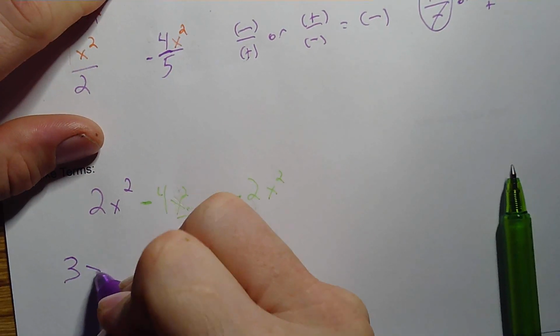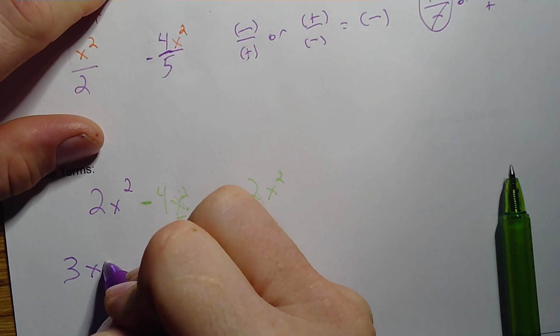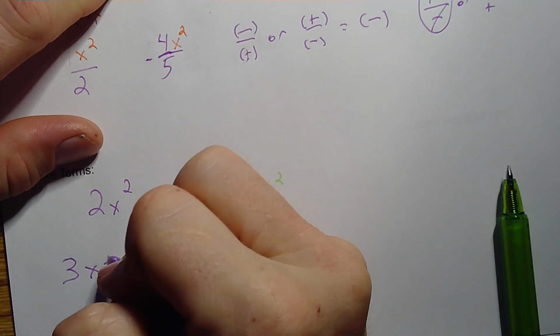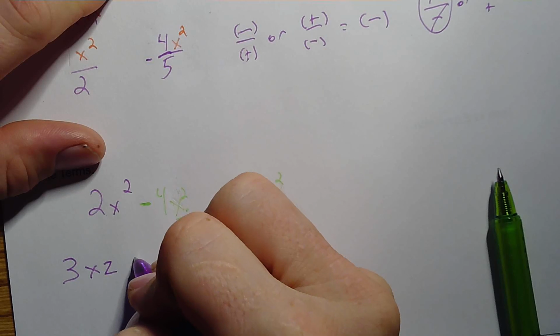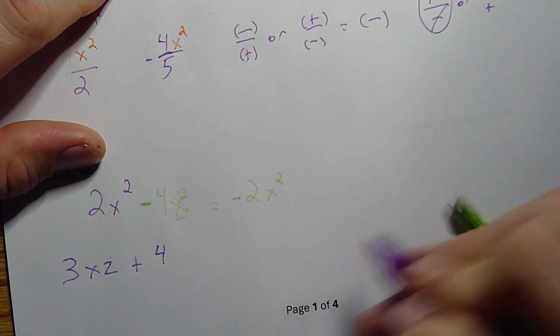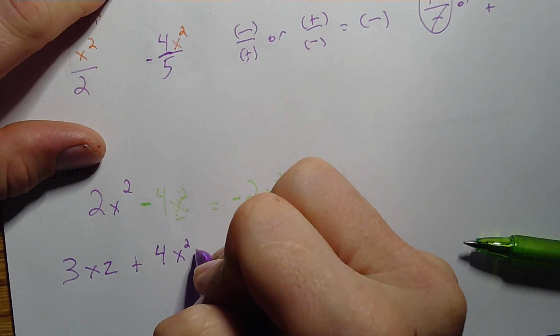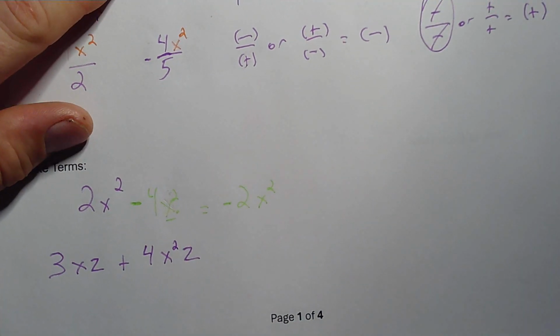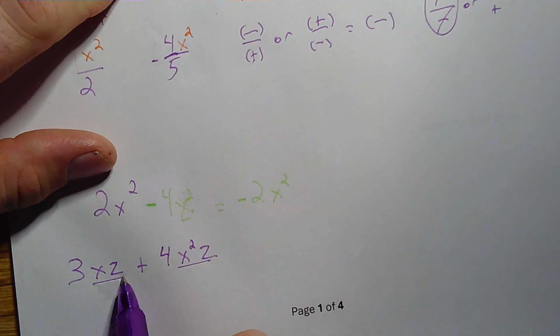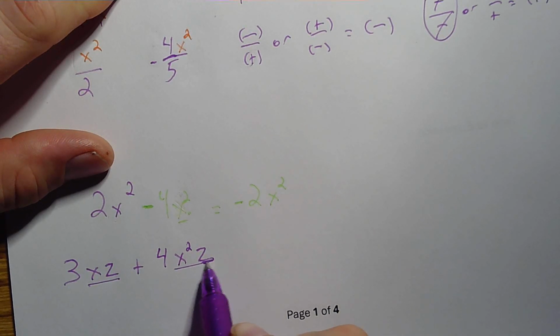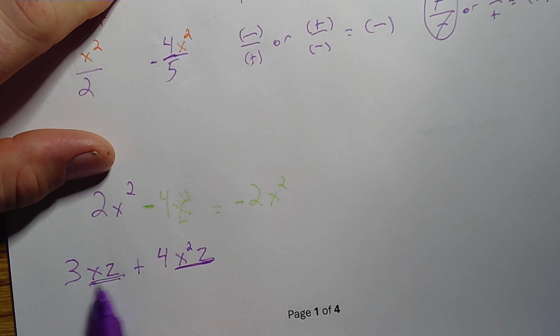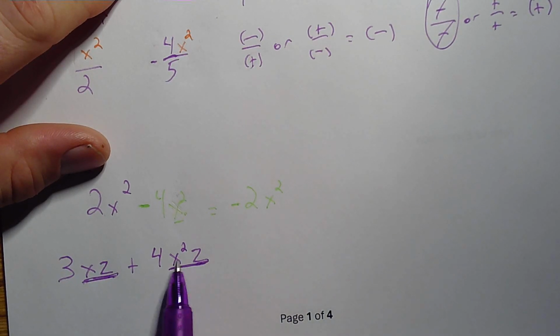If I had a 3xz, and I was trying to combine it with a 4x squared z, these are not like terms, okay? They have to be exactly the same. Although they're two variables multiplied together, it's one term with coefficients in front of them.